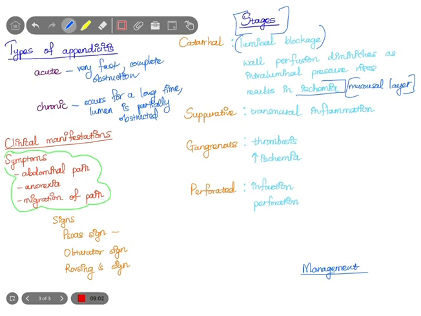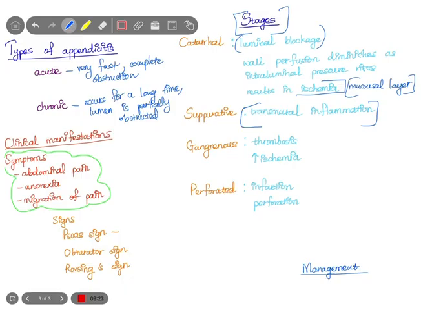We have suppurative, that is transmural. Transmural means it involves more than one layer. Now this is when the microorganisms penetrate the luminal wall and cause the transmural inflammation. At this point inflammation also affects the periappendix.